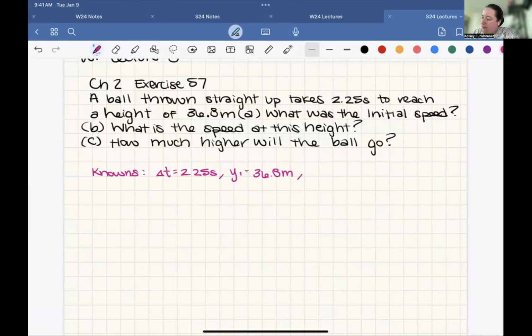And we have these things that we're looking for, but there are two more knowns that we can mention here. One of those is that the initial position we can take to be 0. So initial position equals 0.